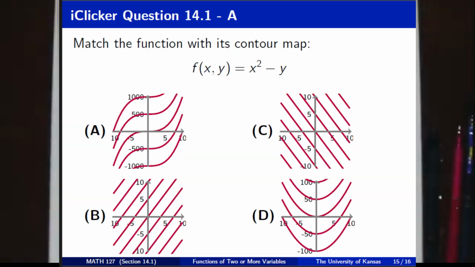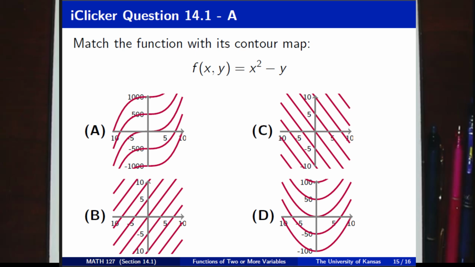So you guys do one. So what do contour maps tell me? The contour map tells me where the output of the function is what value in the domain.